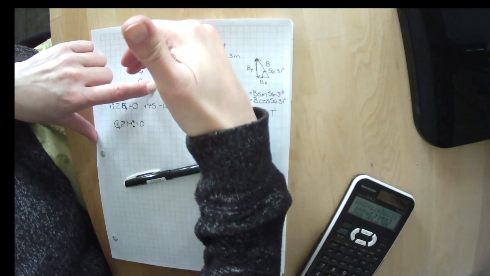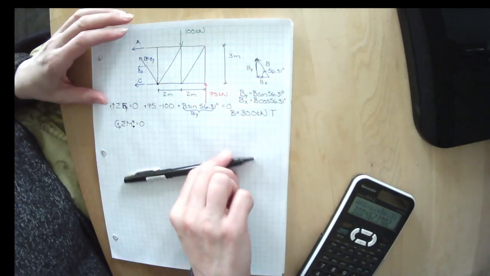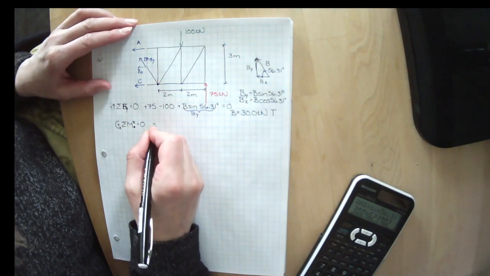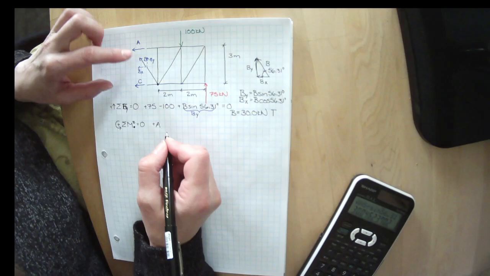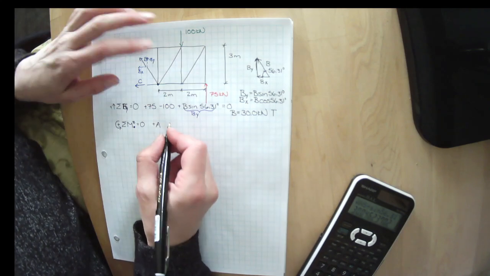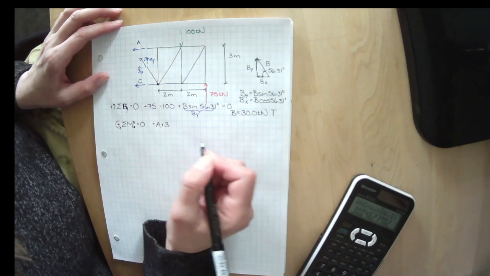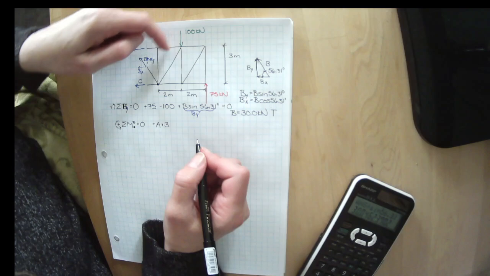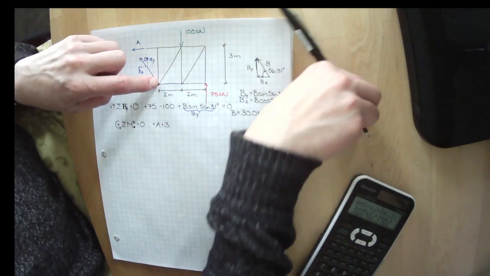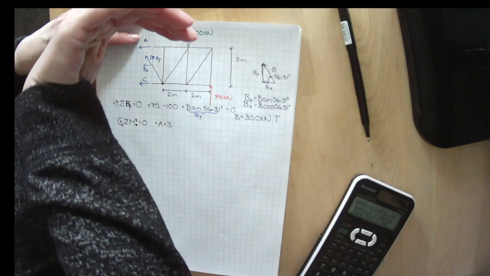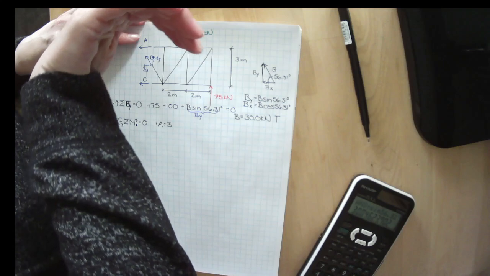If I point my thumb after I've curled my fingers, my thumb points out of the page. So I've got positive A, and it is acting 3 meters away. I've got 100 kilonewtons trying to make it spin in that direction.